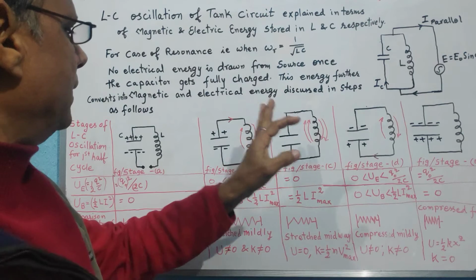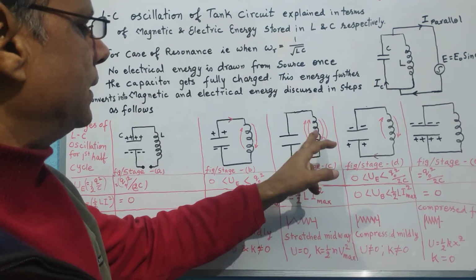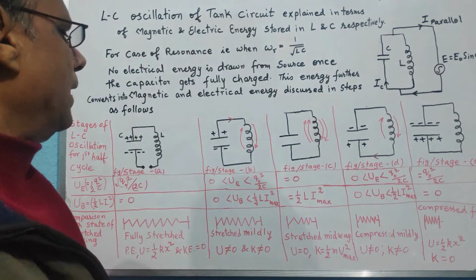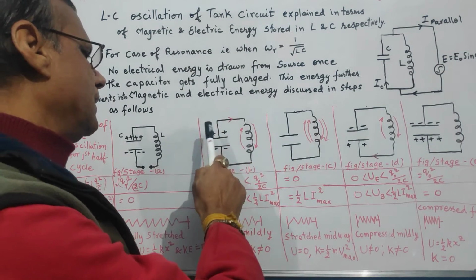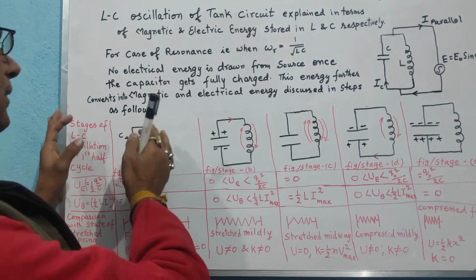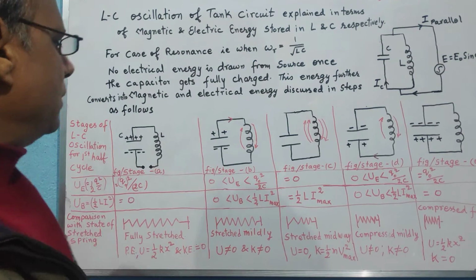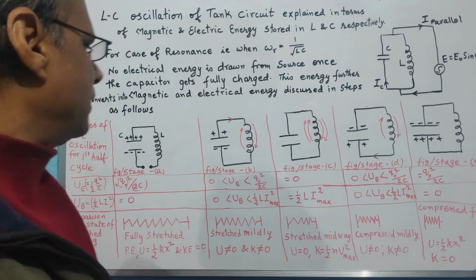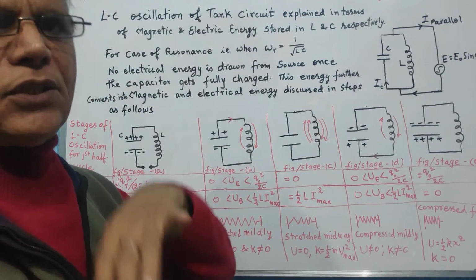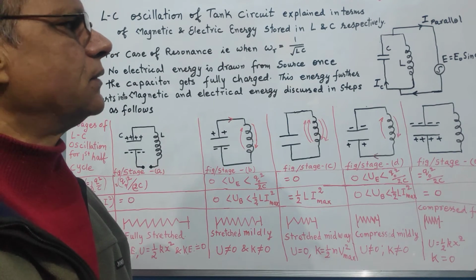Finally the discharge of the magnetic field associated with the inductance coil will take place, and this time the back EMF will be such that the upper plate of the capacitor will get positively charged. Finally the capacitor will be fully charged positively on the upper plate and negatively on the lower plate, while the inductance will lose all its magnetic energy. That will complete one oscillation, and the whole thing will repeat.